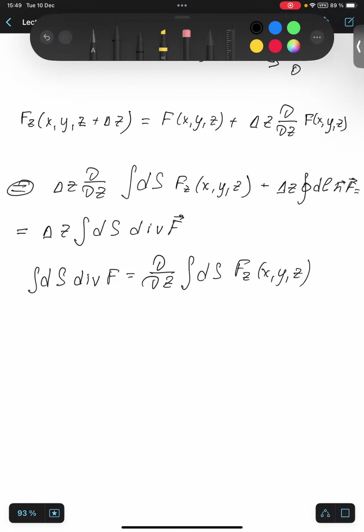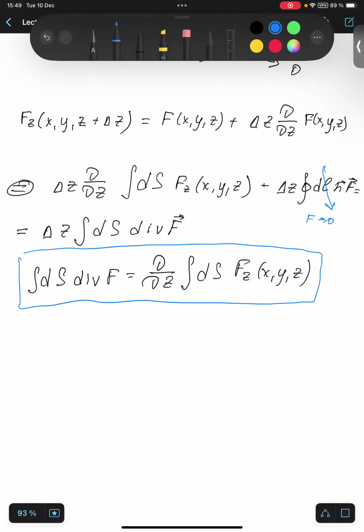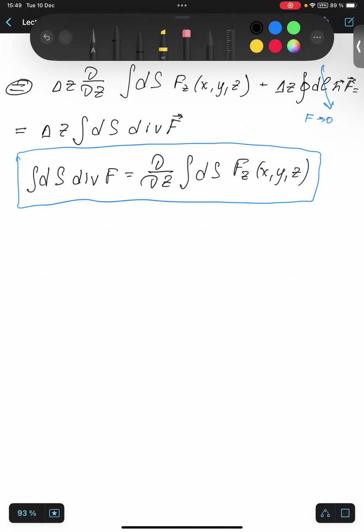And I will not write this part because it goes to 0 at the infinity and we can neglect it. So this is our final answer for now. Perfect. Now we can do something.